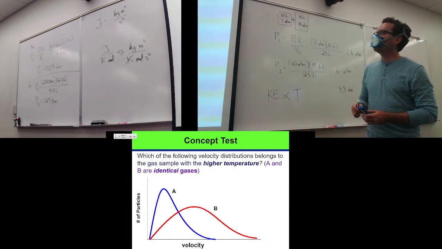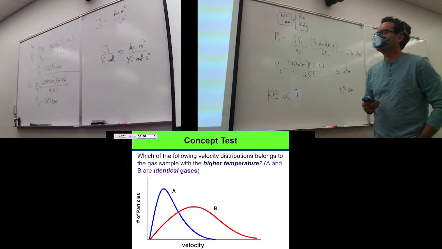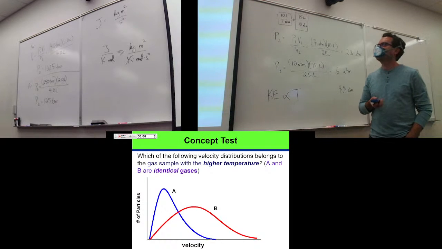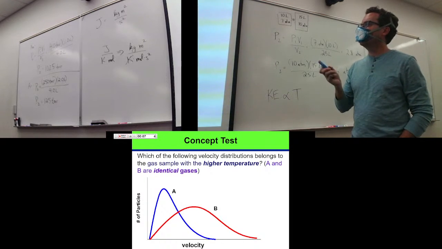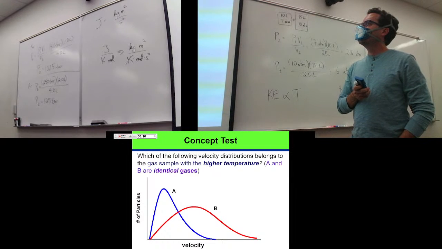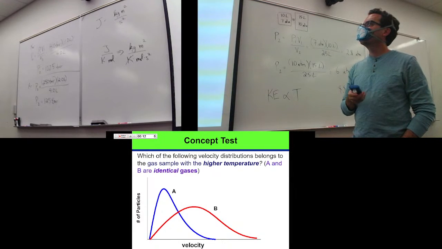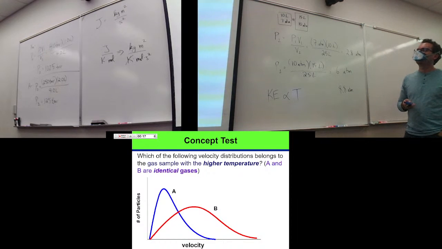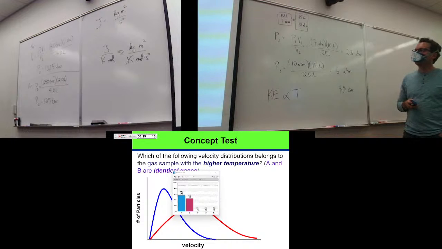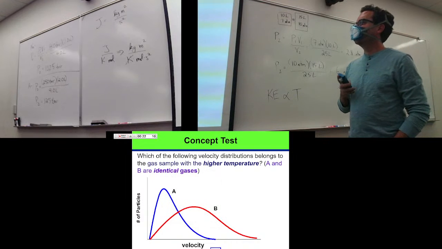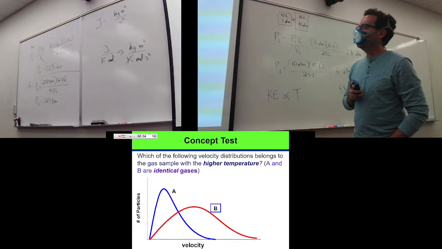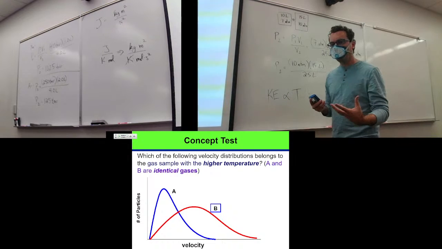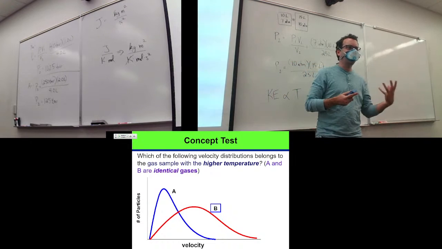Which one has the higher temperature if they're identical gases? Hopefully that one's easy. It is B. So again, higher temperature generally means higher kinetic energy.